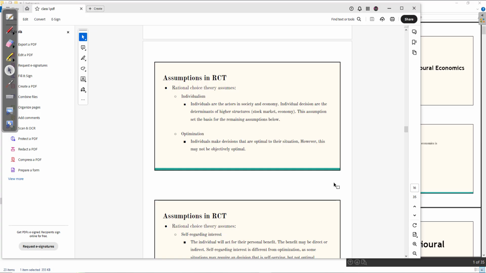Now, the assumptions in the rational choice theory. First is individualism. Individuals are the actors in the society and economy. Individual decisions are the determinants of higher structures. What type of decision is taken on an individual level in an economy will determine how the markets will go.